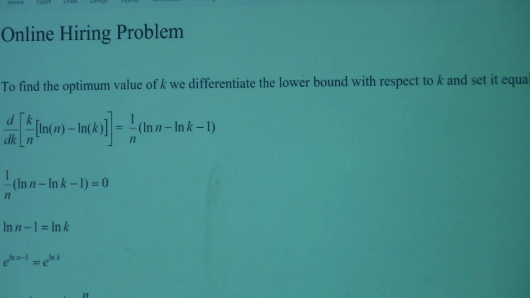What does it mean when the derivative is equal to 0? If the derivative is equal to 0, that means it has a slope of 0. What's a slope of 0? It's a horizontal line. What kind of curves have a tangent with a slope of 0?